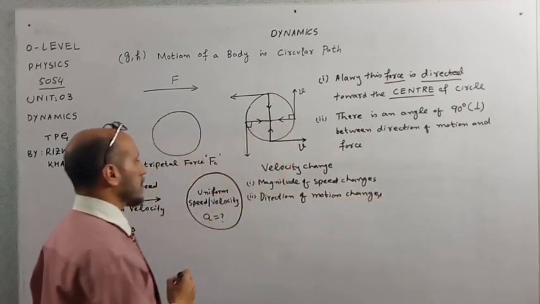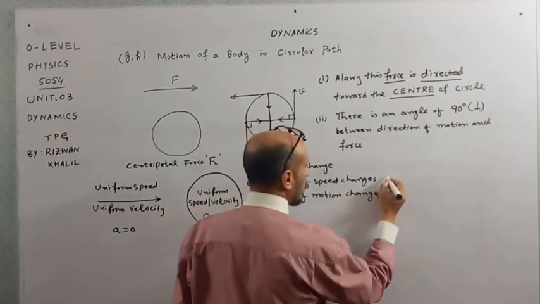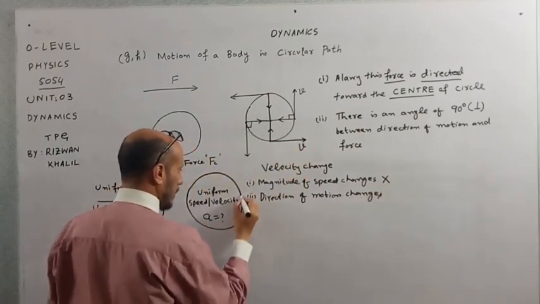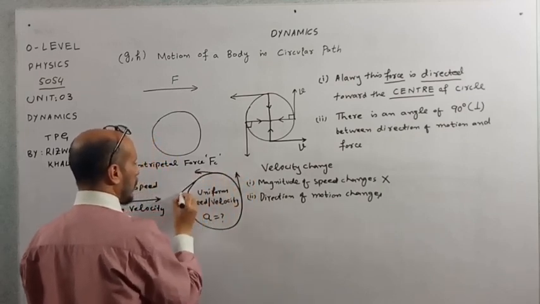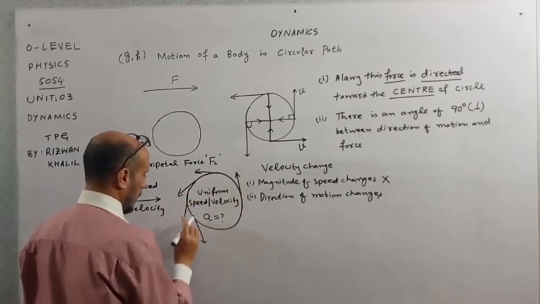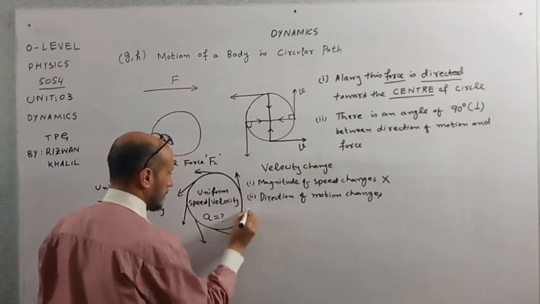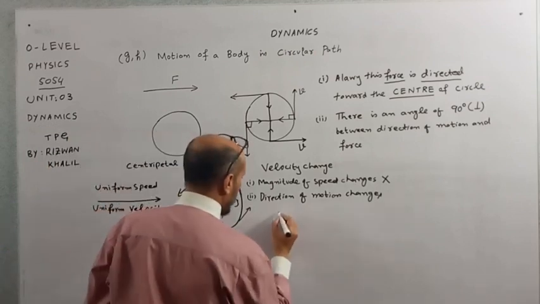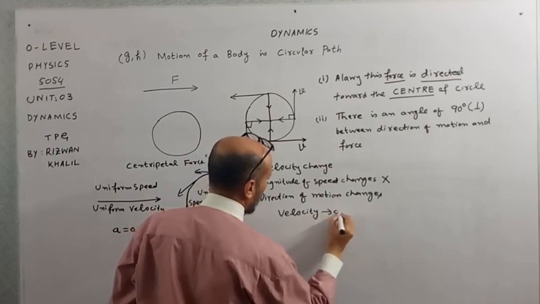So in this case, if we are considering these two parameters, speed is not going to change. But in a circular path, at every instant, the direction of motion changes. So definitely when the direction of motion changes at every instant, then its velocity changes.